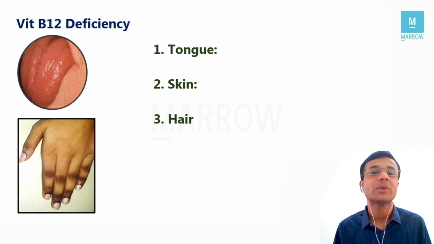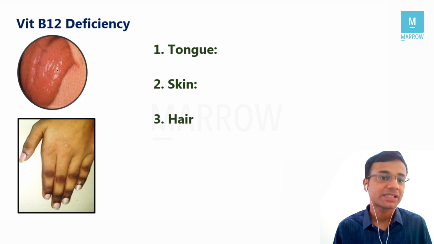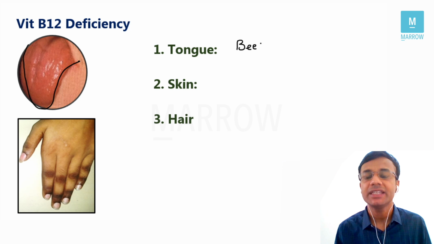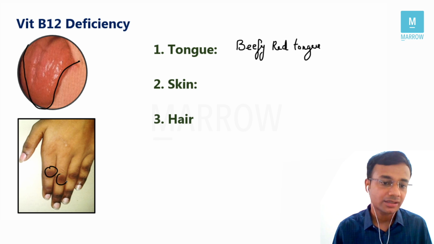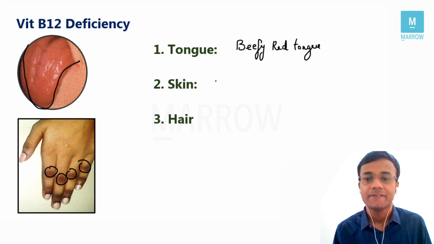So how does vitamin B12 deficiency present? It is going to present with glossitis, and this is also known as beefy red tongue. Presents with beefy red tongue, and here you can see the knuckles, the knuckle pigmentation which is seen. So knuckles are going to show hyperpigmentation.